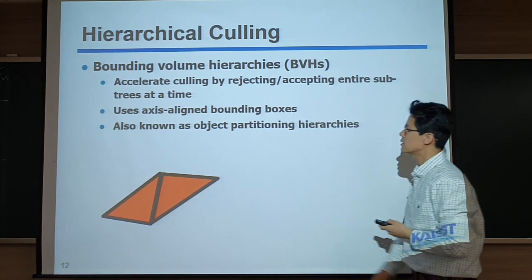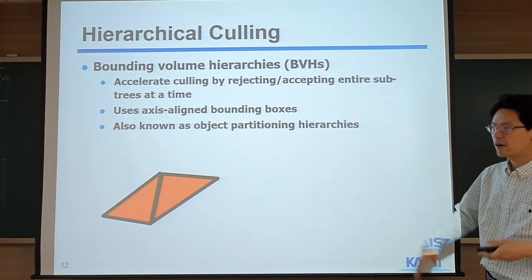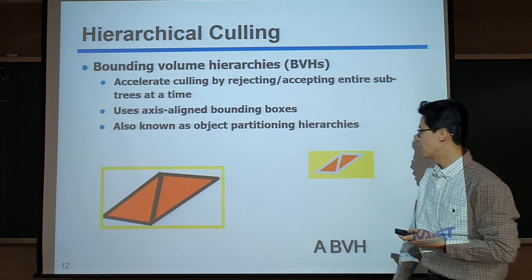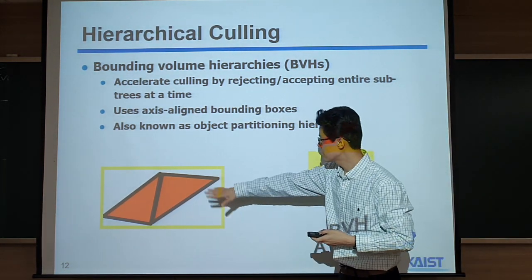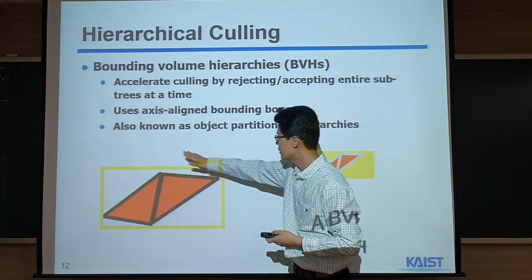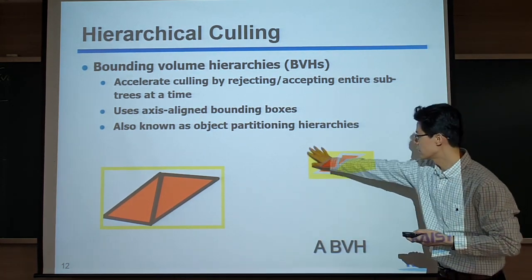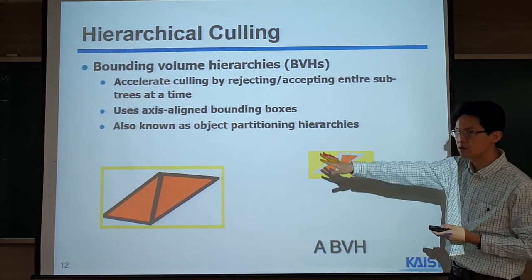To build a bounding volume hierarchy, we build the bounding volumes in a hierarchical way. Given this set of triangles, we build the biggest, tightest bounding volume. In this case I use a box, and we treat it as the root bounding volume that contains all the objects.